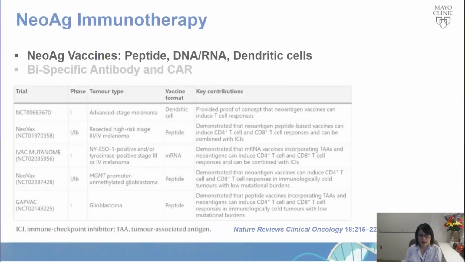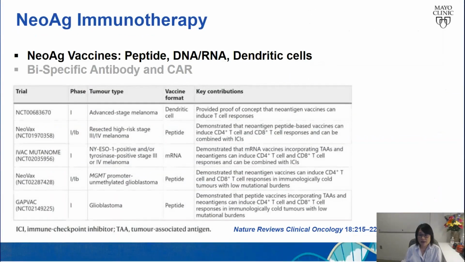There are many planned or ongoing neoantigen vaccine trials as reported in this review paper, including Mayo Clinic's own trial that you can find on the clinicaltrials.gov website.